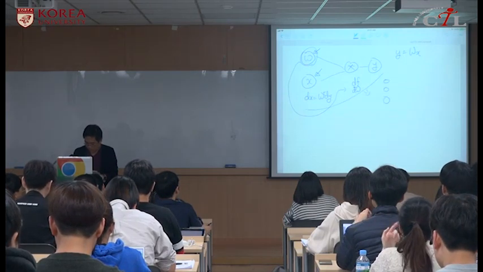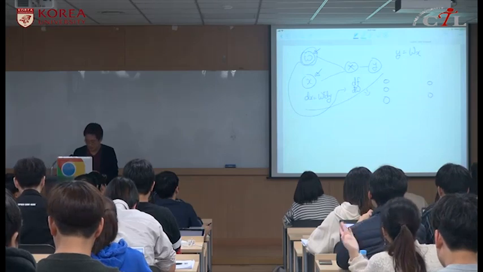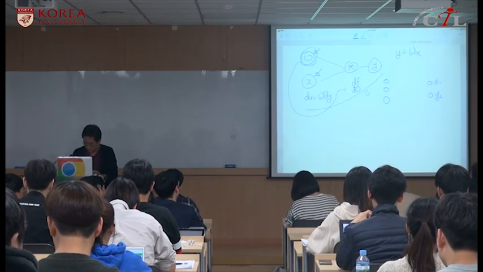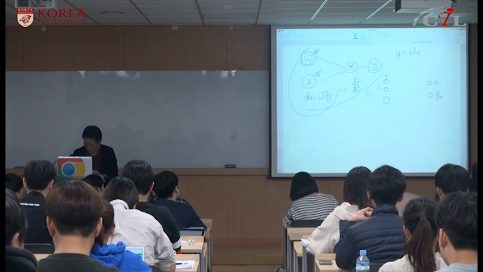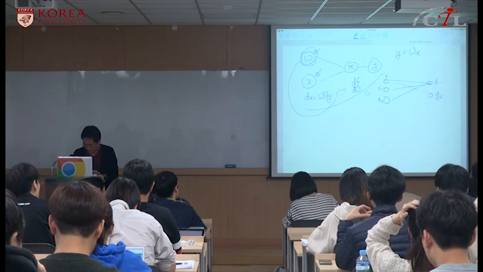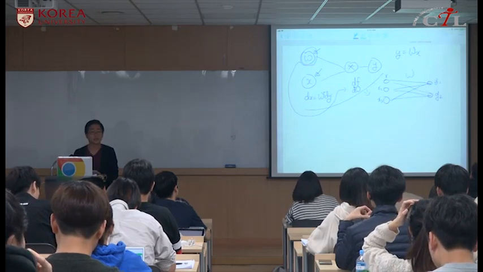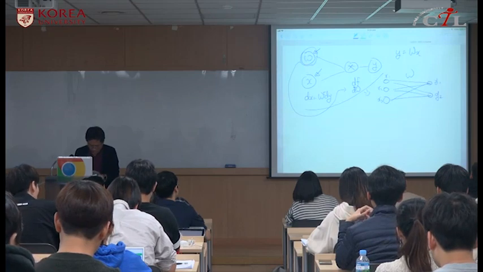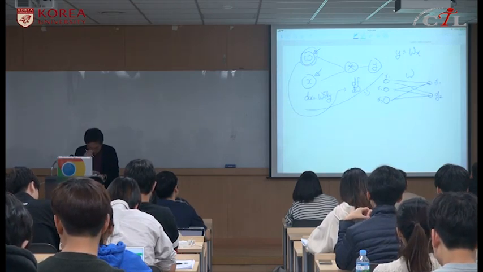We have 3 input nodes and 2 output nodes: y1 and y2, and x1, x2 and x3, and then we have w, which represents this fully connected layer.